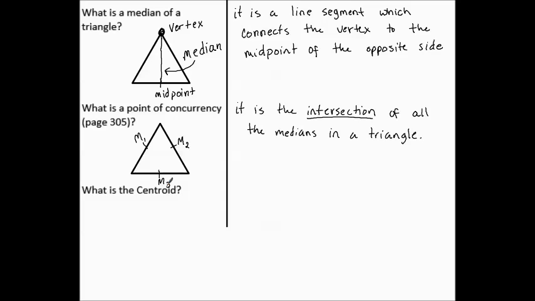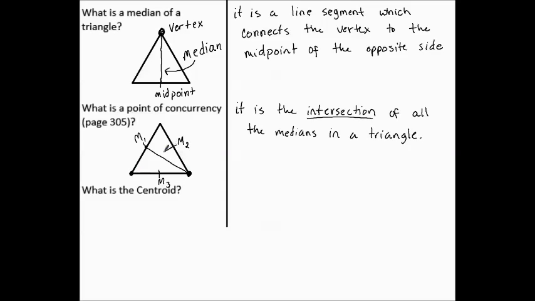Now, there are ways to find the exact midpoint using constructions or graph paper, but for now we're just going to do a rough illustration. So to get to M1, I will start at the vertex and draw a line from M1 to this vertex.